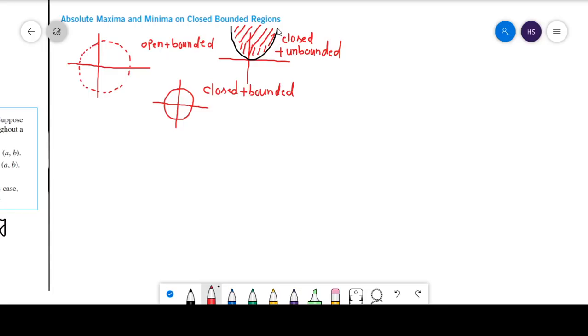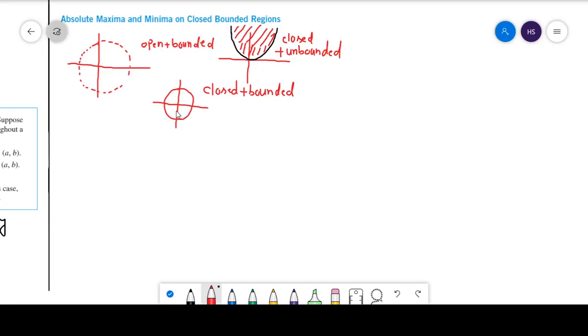Why? Because this black boundary is included, the boundary is included, the interior is included, but you can never pack this region in a closed disk of finite radius, because this is a parabola, so it goes infinitely in these directions. So this is not a bounded region but closed. Why is it closed? Because the boundary is included. If you take this region, this is a circle, and it is also closed. The interior is included, boundary points are included.